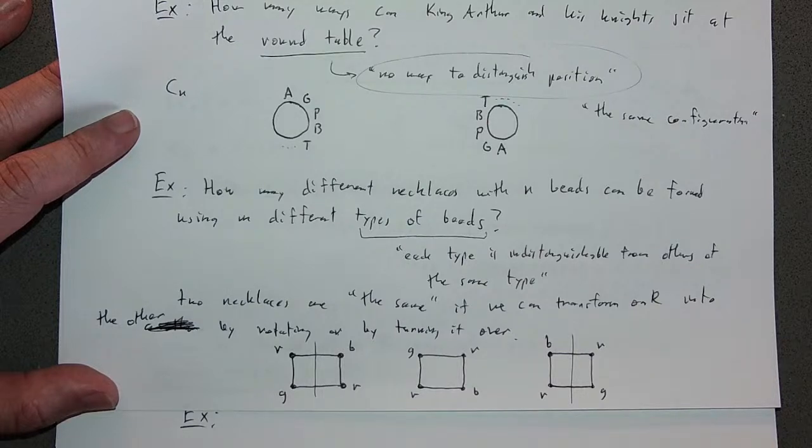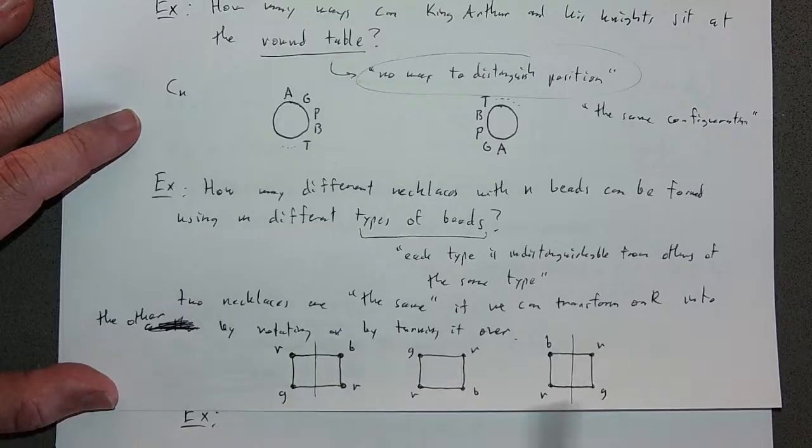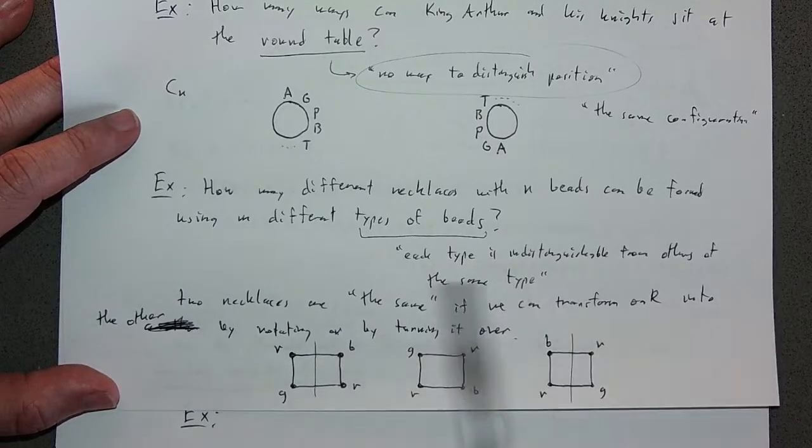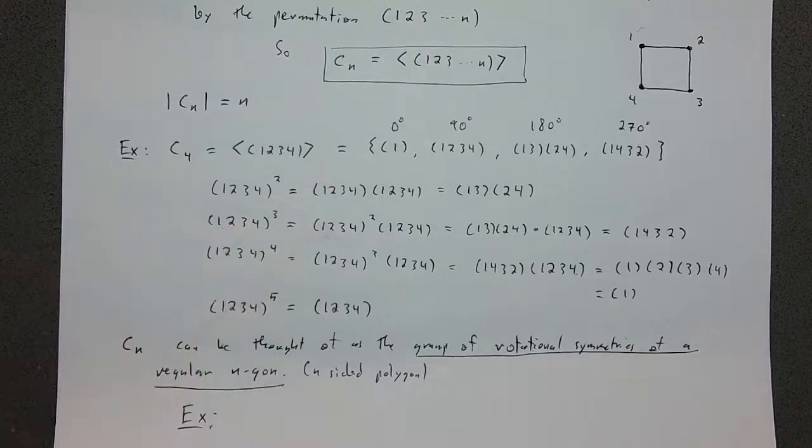So there will be reflections that give you a configuration that rotation does not. So answering a question here is going to require us to understand more than just rotational symmetry, but this is a good start.